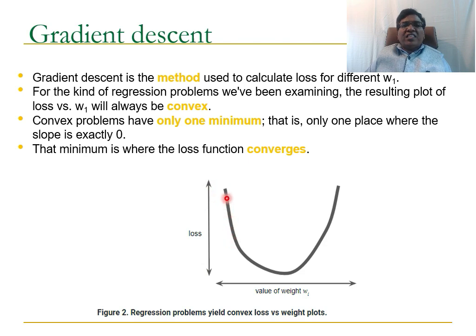The weights are adjusted in such a way that the loss reaches the minimum value. The loss-weight curve is convex. The computation stops at the point where the slope is exactly 0. At this point, the loss function converges.